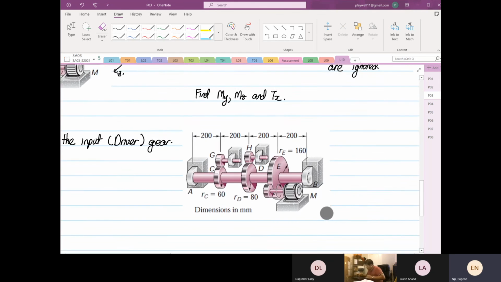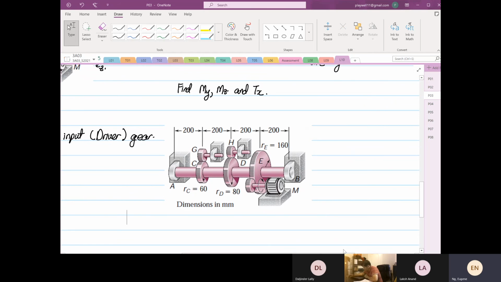This direction over here, as you can see, is the driver gear direction. If it's not given, you decide. If you want clockwise to be the driver direction, you decide. You want anti-clockwise, you decide.